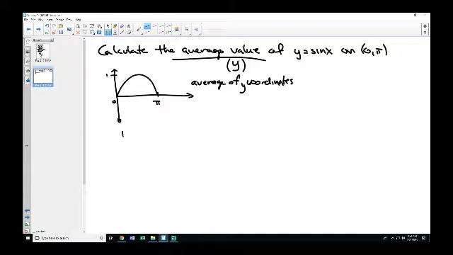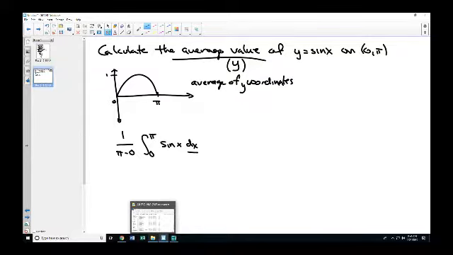What is the formula? 1 over pi minus 0, integral from 0 to pi of sin x. I'm pretty sure, I'd have to go look again, that nobody put that on the end of their integrals on one of the free responses. Don't forget to close your integral with a dx or a dt.